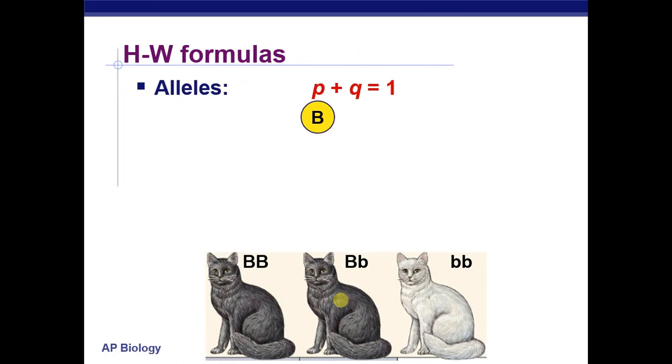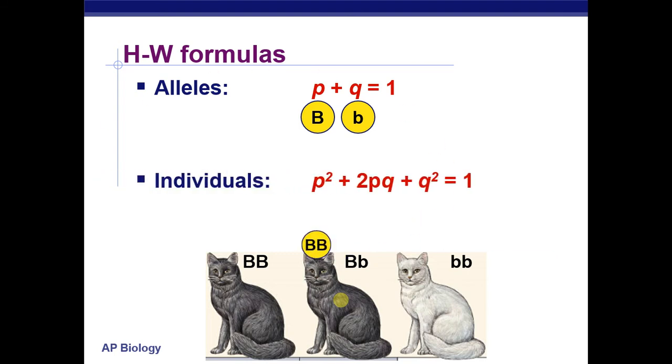So the formula is in terms of alleles and in terms of individual genotypes. These are the two Hardy-Weinberg equations. And basically what they're saying is that if a population is in Hardy-Weinberg equilibrium, these will be true for each generation.